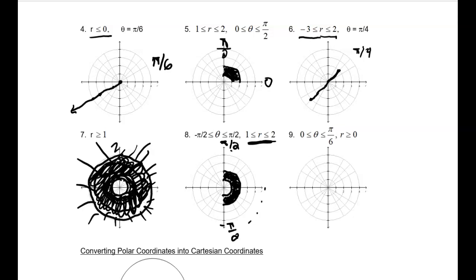Last one, looking at 0 to pi over 6. And we would want every angle in between there. And then towards 0, we would want an r of 0, 1, 2, 3, 4, as well as everything in between. So we have a ray towards 0. Towards the angle pi over 6, same thing. We would want r equals 1, 2, 3, as well as everything in between.